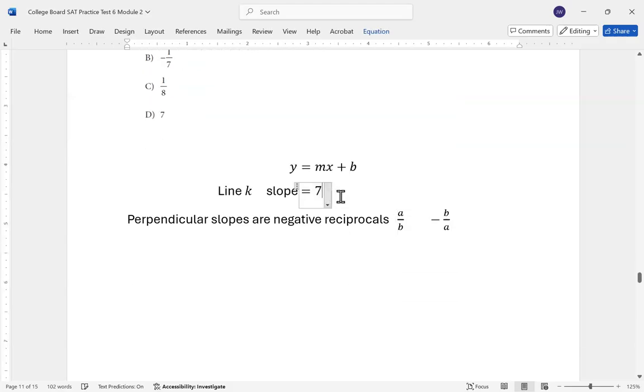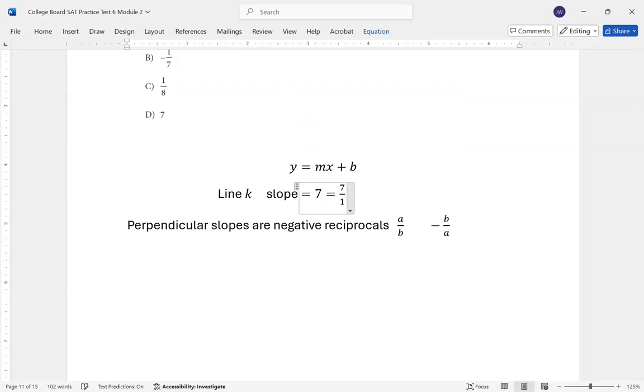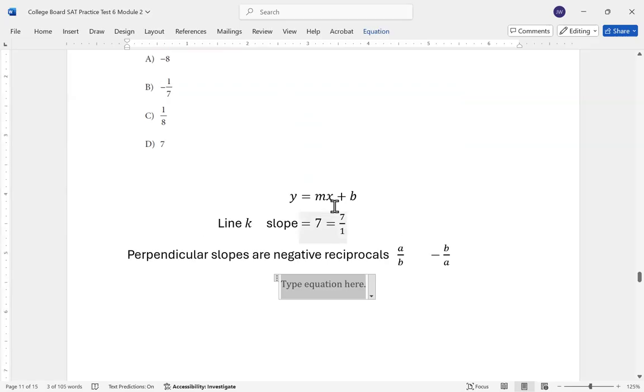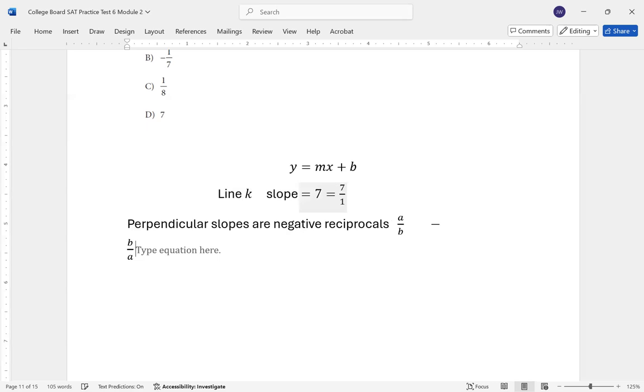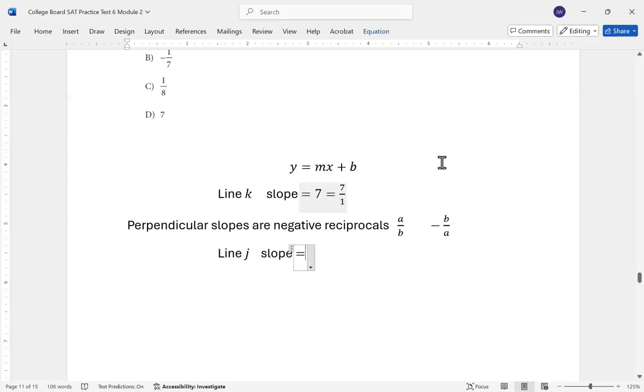So I just have to figure out the negative reciprocal of 7. And it helps to think of 7 as the fraction 7 over 1. That way I can flip it. Therefore, the line that I'm looking for, line J, must have slope equal to, well, if we flip it, we get 1/7, and then we have to negate it, which is negative 1/7.